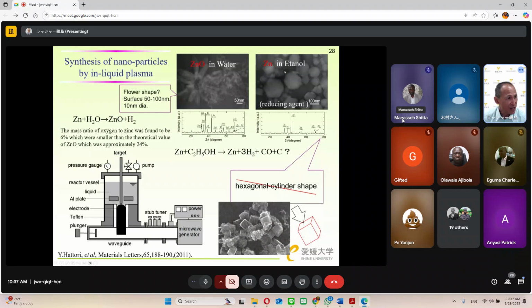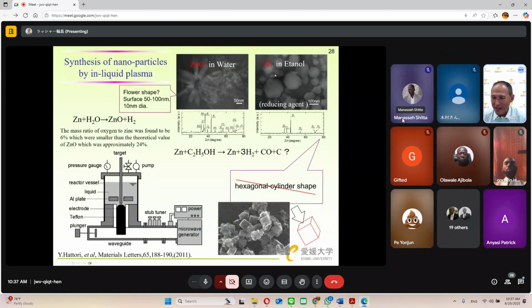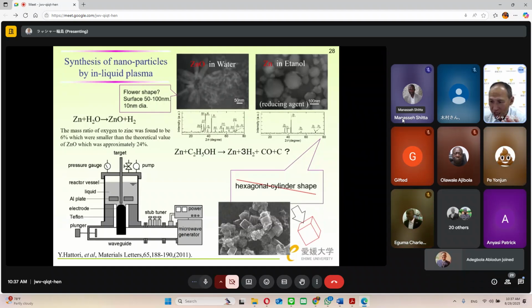On the other hand, in the case of ethanol, zinc nanoparticle is synthesized. And additionally, zinc nanoparticle normally have a hexagonal cylindrical shape. However, in this case, their form is cubic particle like this.